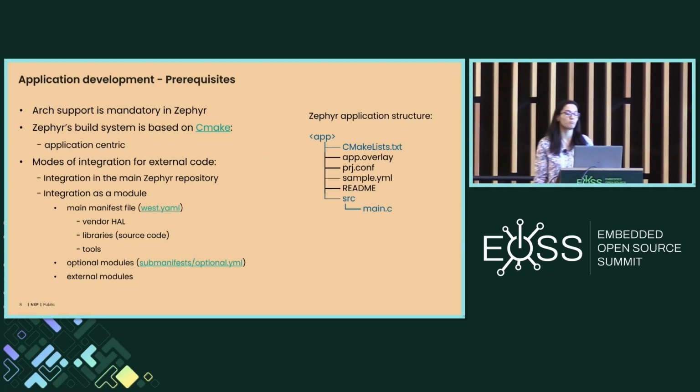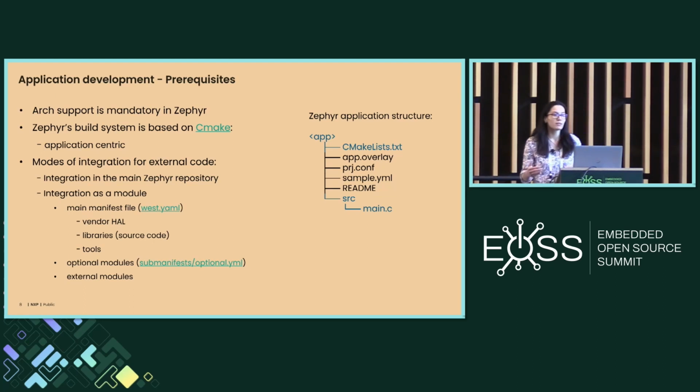Now, another important prerequisite to be followed is the build system of Zephyr, which is based on CMake, and this is application-centric. That means that it requires the Zephyr-based application to initiate the build of Zephyr code.